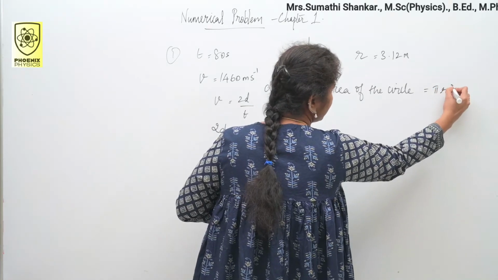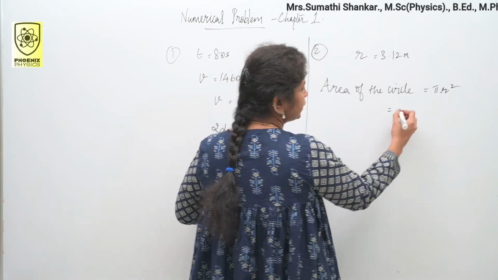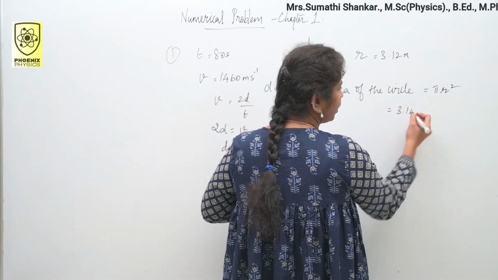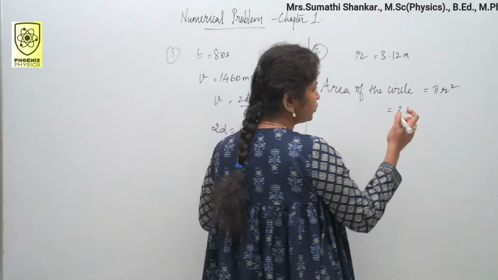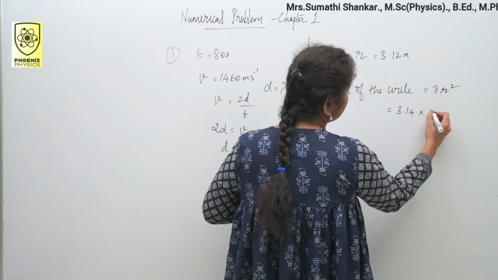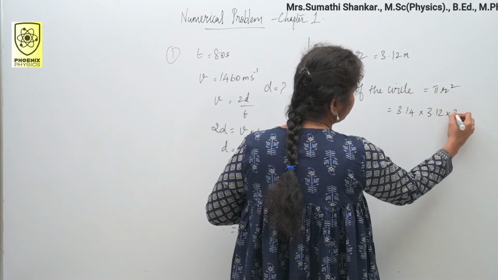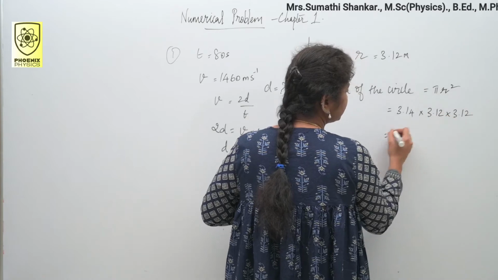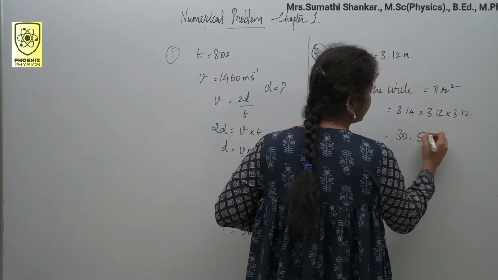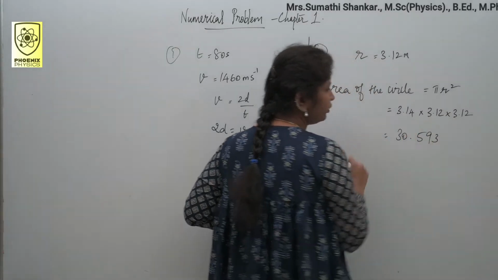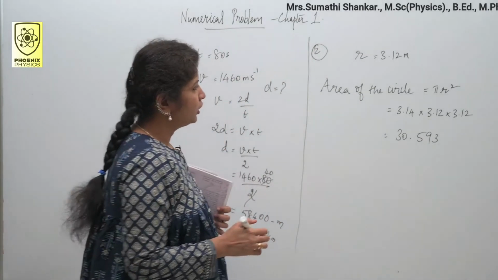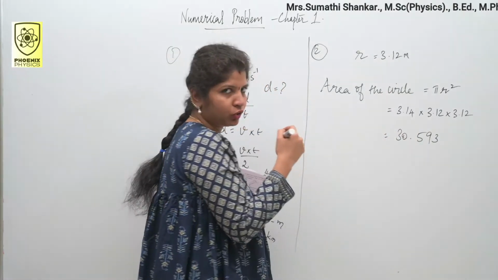That is pi r square. Pi means 3.14 or you can write it as 22 by 7, and r square is 3.12 into 3.12. Just multiply these three terms. You can get the answer as 30.593.